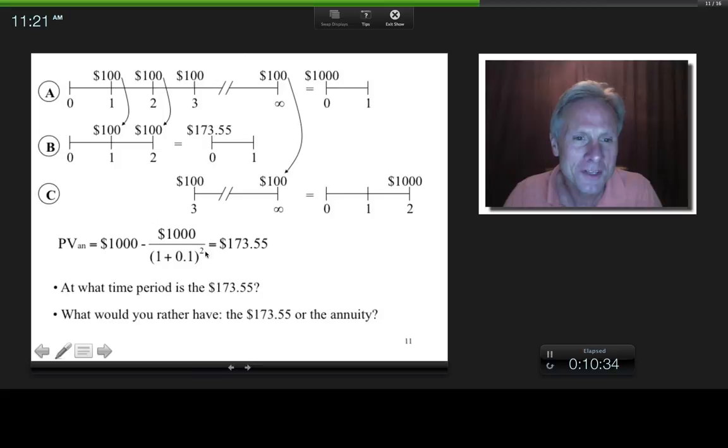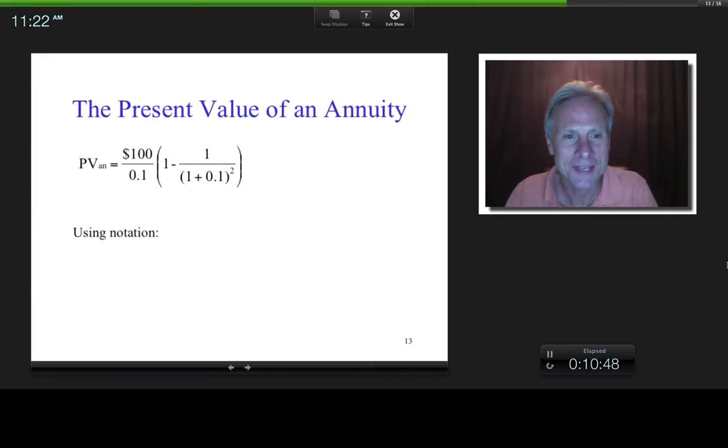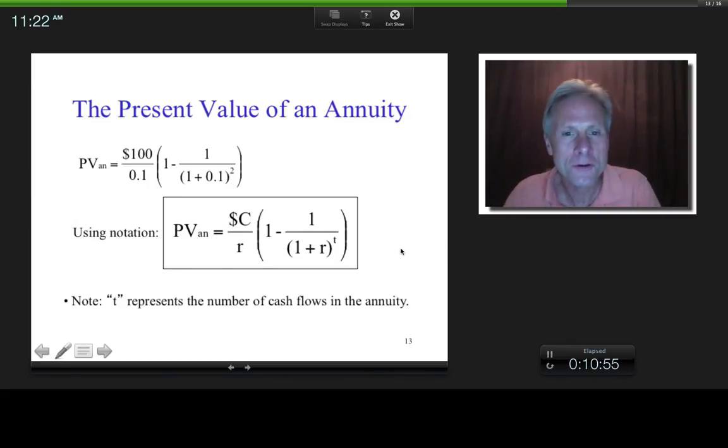And what you'll find is that the number here becomes, what do you think? It'll become 3, representing the fact that there are not 2 hundreds there anymore, but 3 of the hundreds. See, these 3 guys right here. And so bottom line is that T represents the number of cash flows in the annuity. So if there's 5 sets of hundreds, then T would be what?